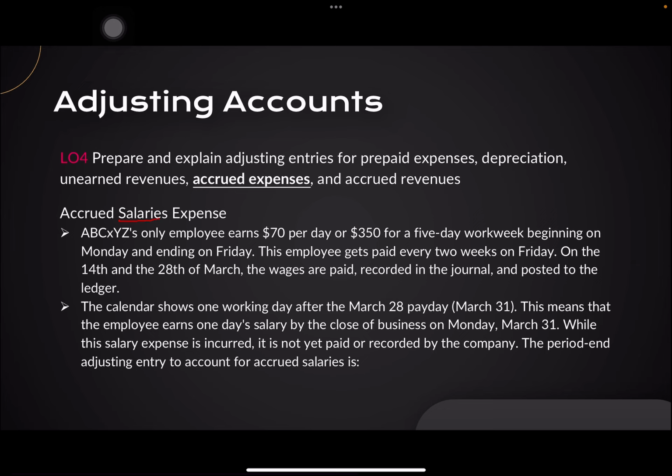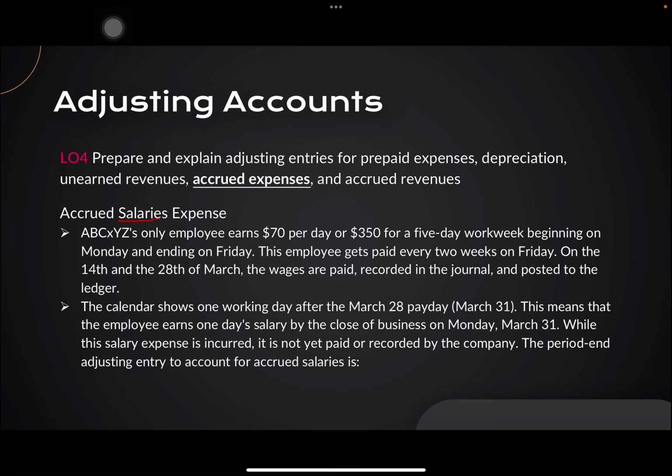So what happens here is that our employees performed services on behalf of us, and we will need to pay them on the cutoff period, usually on the last working day of the bi-weekly period. I'll just put in here an example for you to understand the nature of accrued salaries expense.